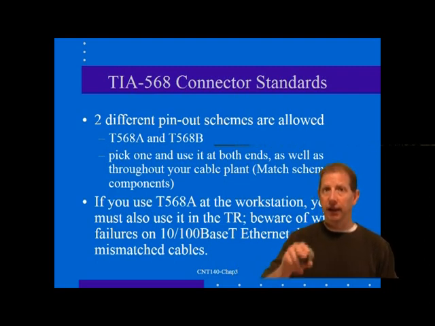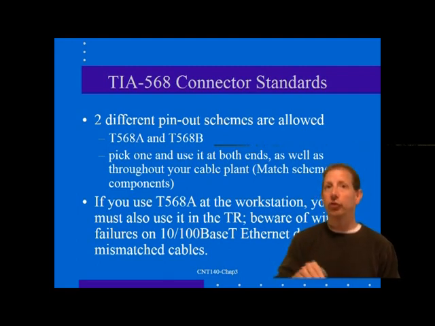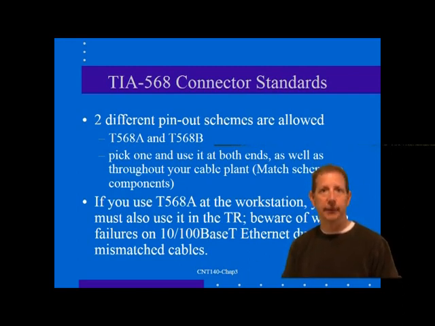Now in other words, if you use the 568A pattern at the workstation outlet called the telecommunications outlet, then you must use a matching 568A patch panel or fan-out cable in the telecommunications room. Pairs 2 and 3 just happen to be the 2 pairs used by 10/100BaseT Ethernet.